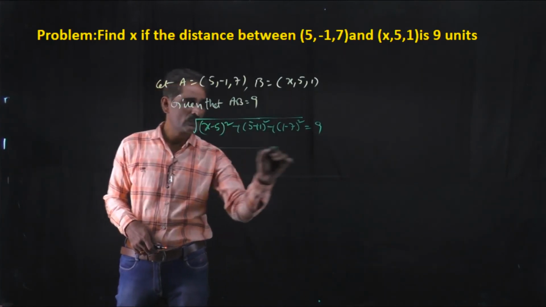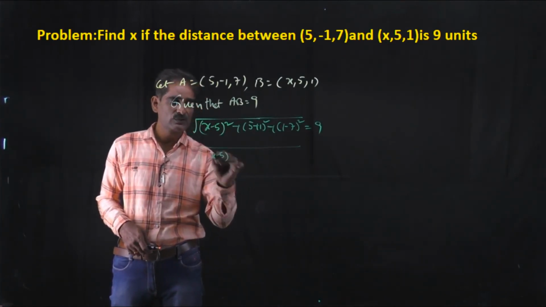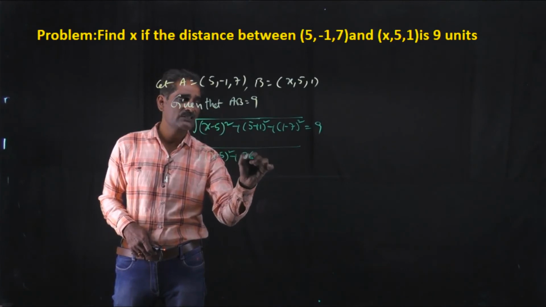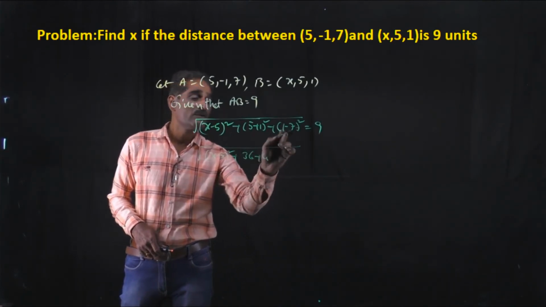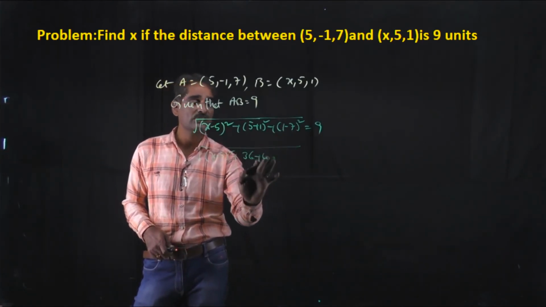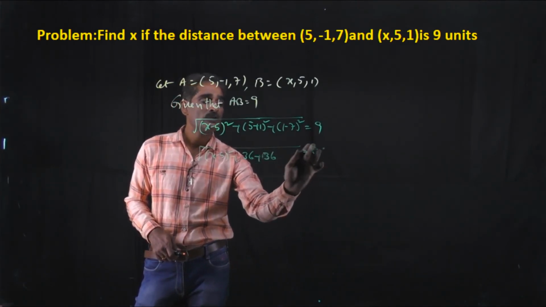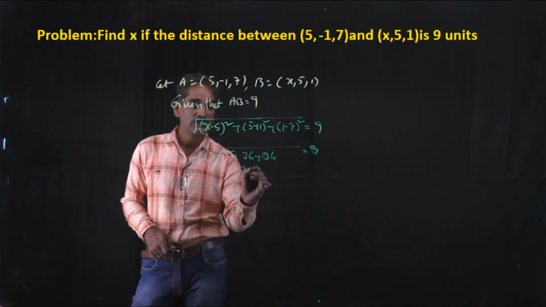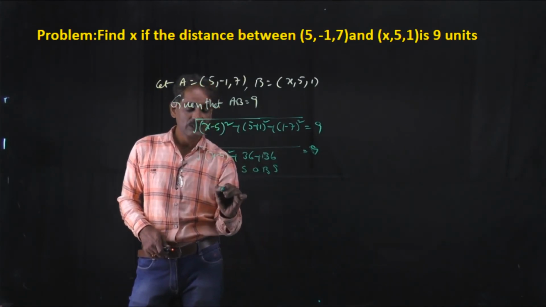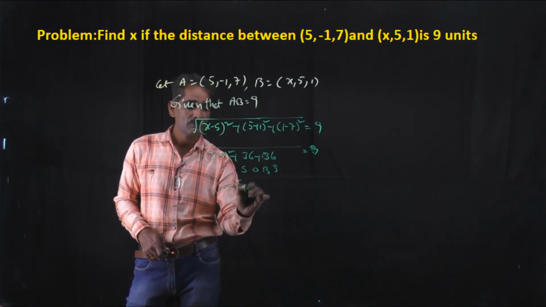So the square root of (x minus 5) whole square plus 36 plus (1 minus 7, that is minus 6) whole square, 36, is equal to 9. So squaring on both sides, we will get (x minus 5) whole square plus 72 is equal to 81.